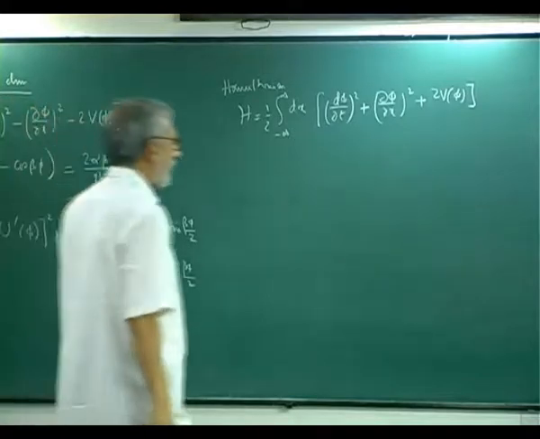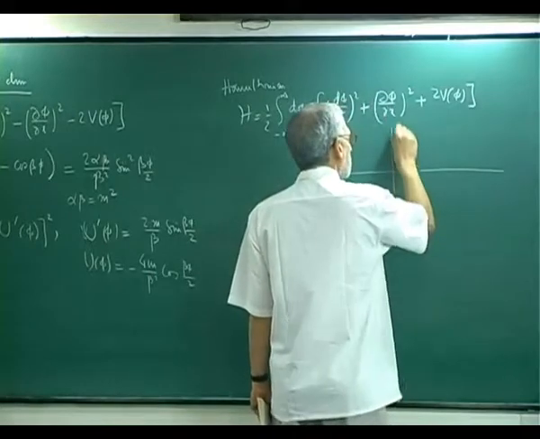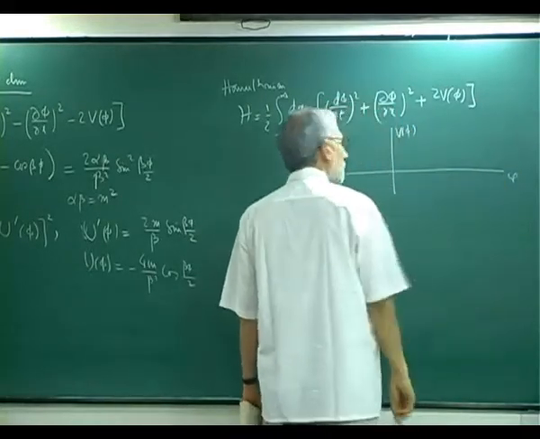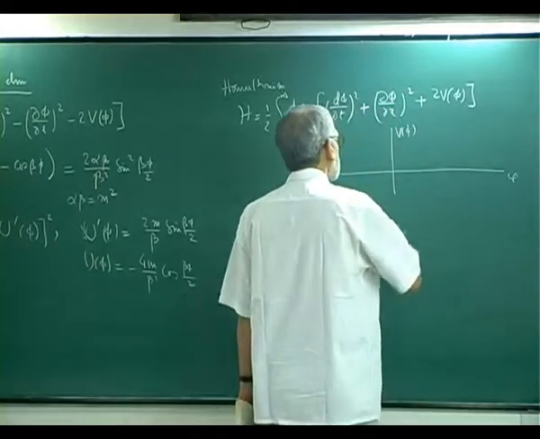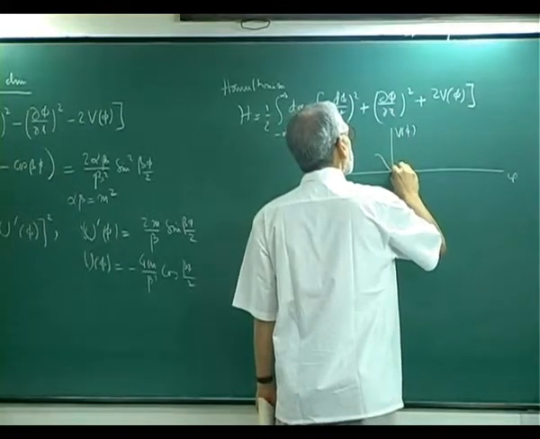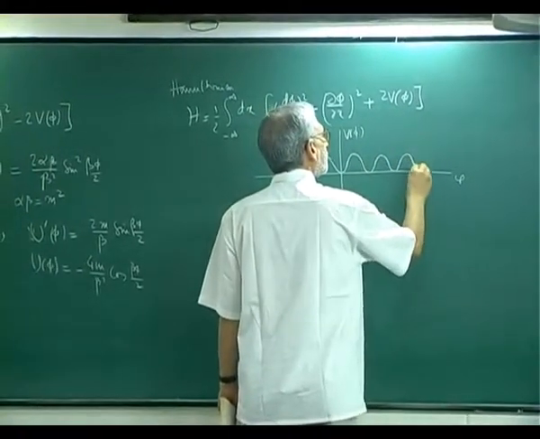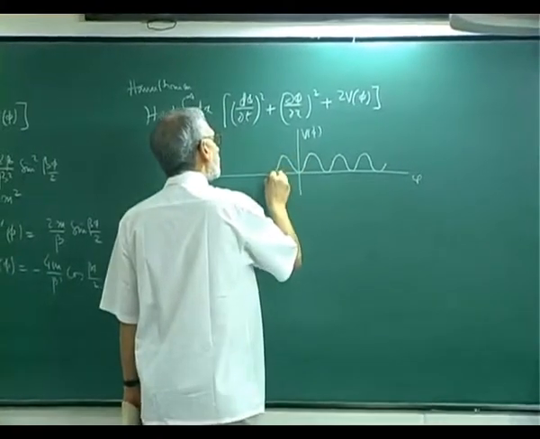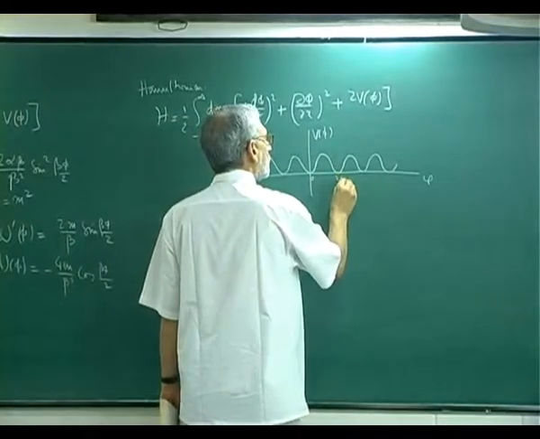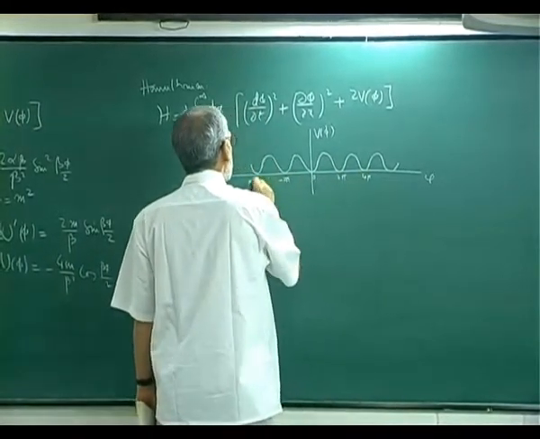And V of phi, if we draw its profile, V of phi as a function of phi, it's a cosine curve, with points 0, 2 pi, 4 pi, minus 2 pi, minus 4 pi.